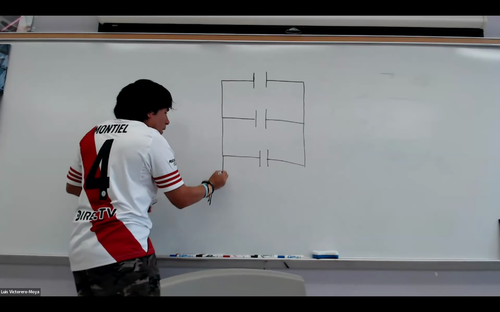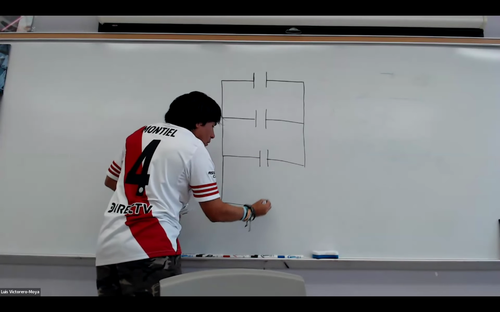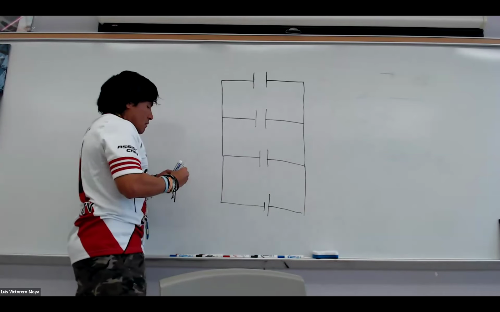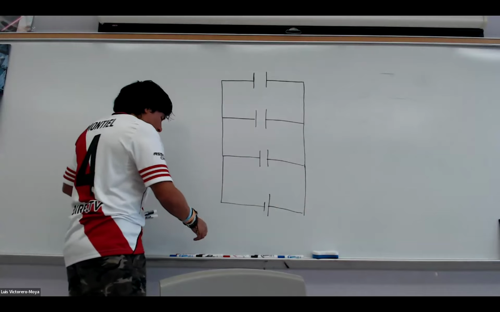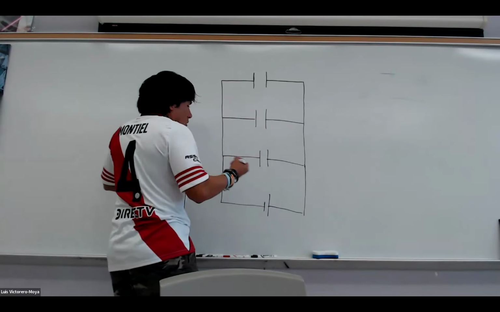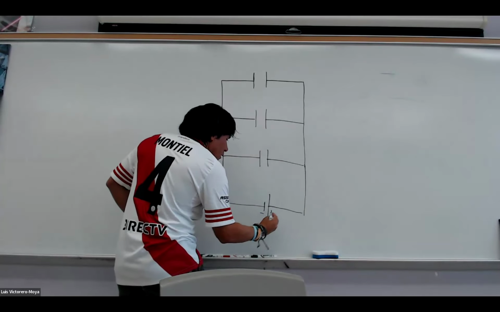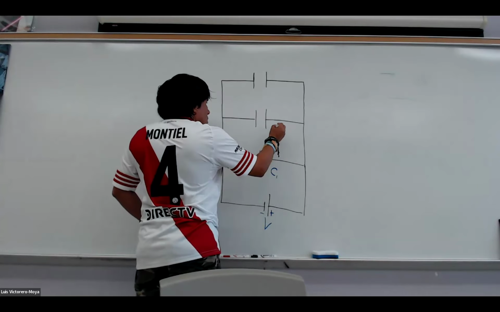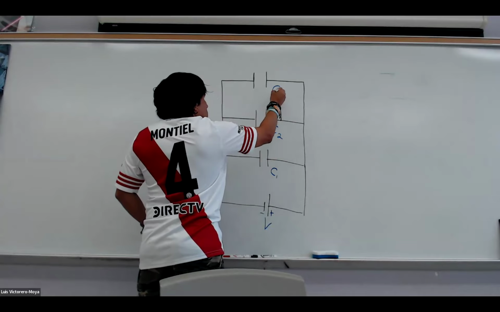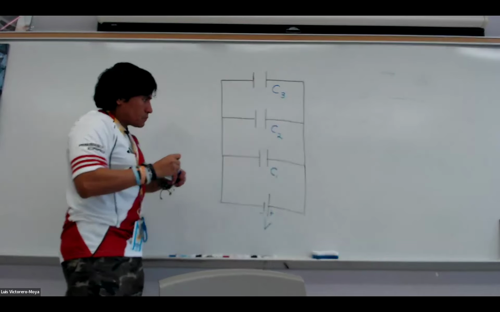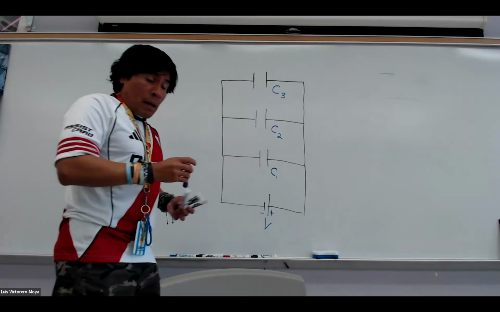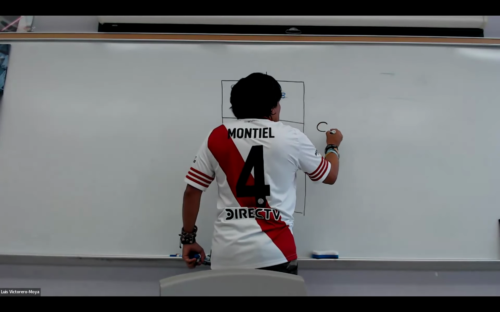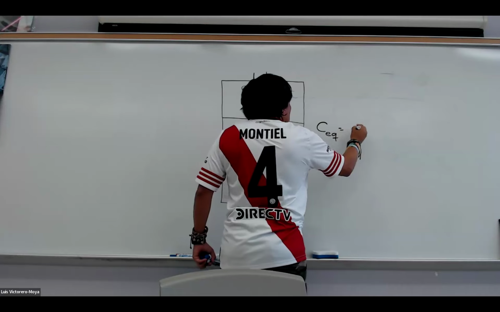And then you can plug this to a power supply. So just like we had before, this is your V, the voltage supply. Let's say this is C1, C2, C3. So the equivalent capacitance, right? The way you find the equivalent is by adding all of those.